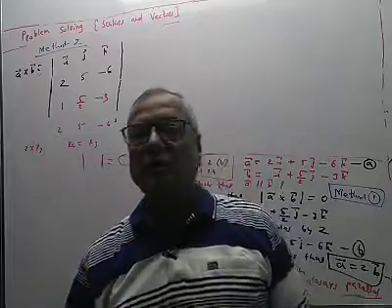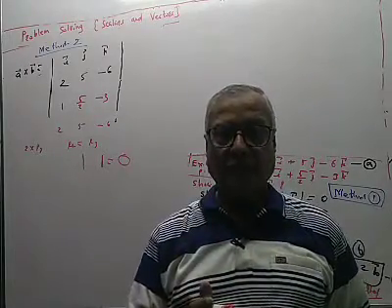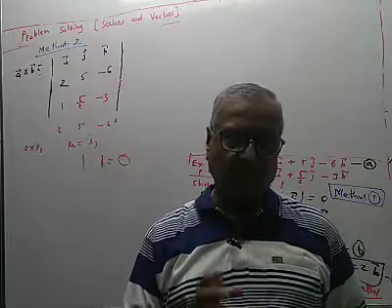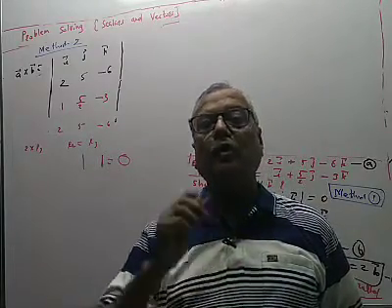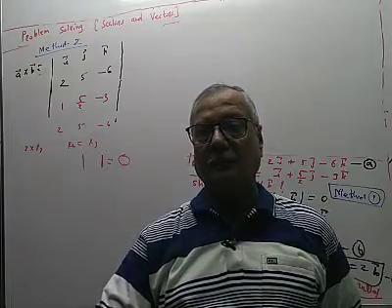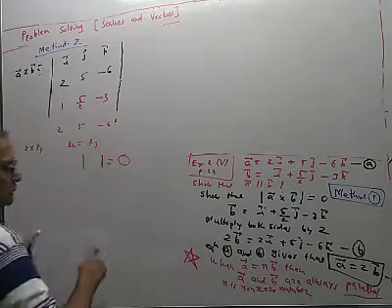Out of 3 rows, if any two rows are exactly same, including sign, then the determinant has value 0 always.